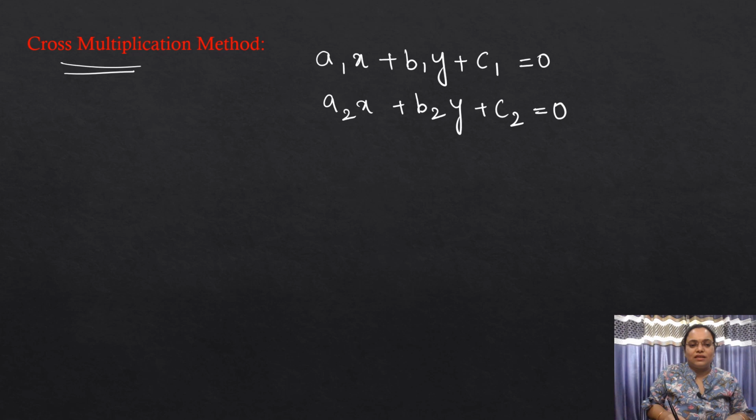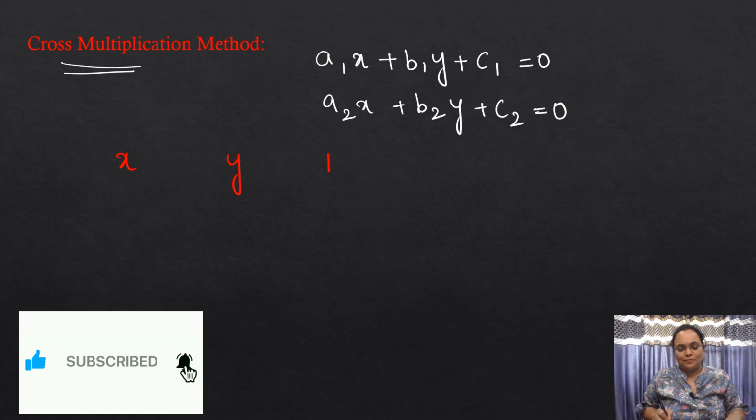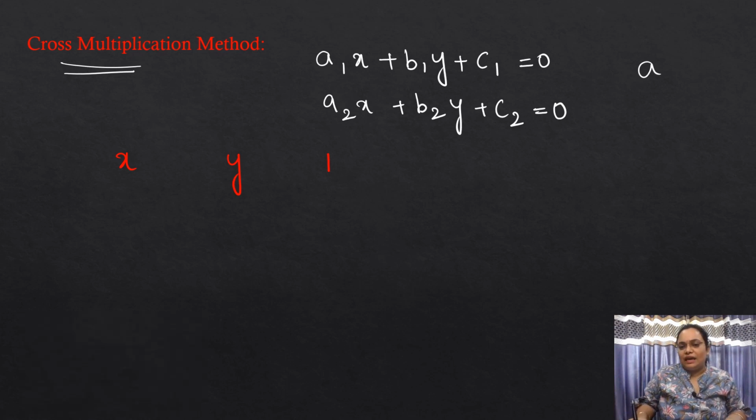So let us write x variable, y variable and constant term. You have A, B and C. First you will start with B, then come to C, then go to A, and again come back to B. First you will take B1. After B1 you will take C1, and write it in between x and y.